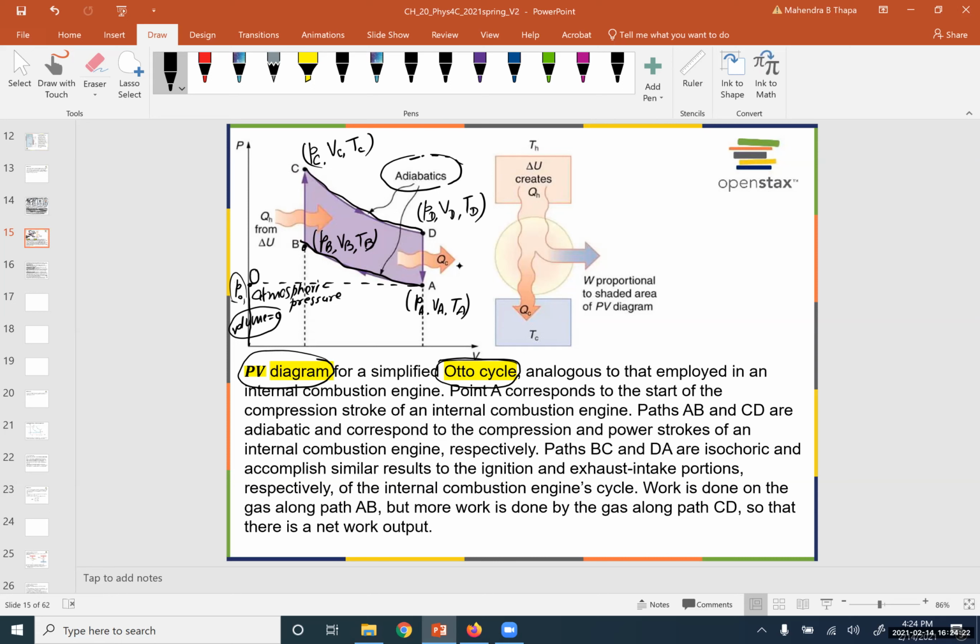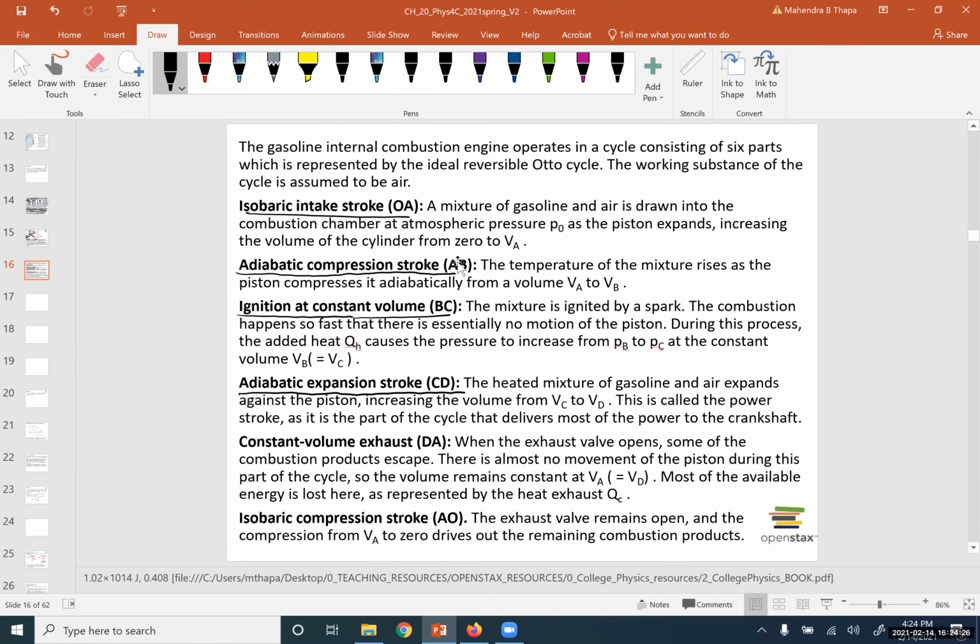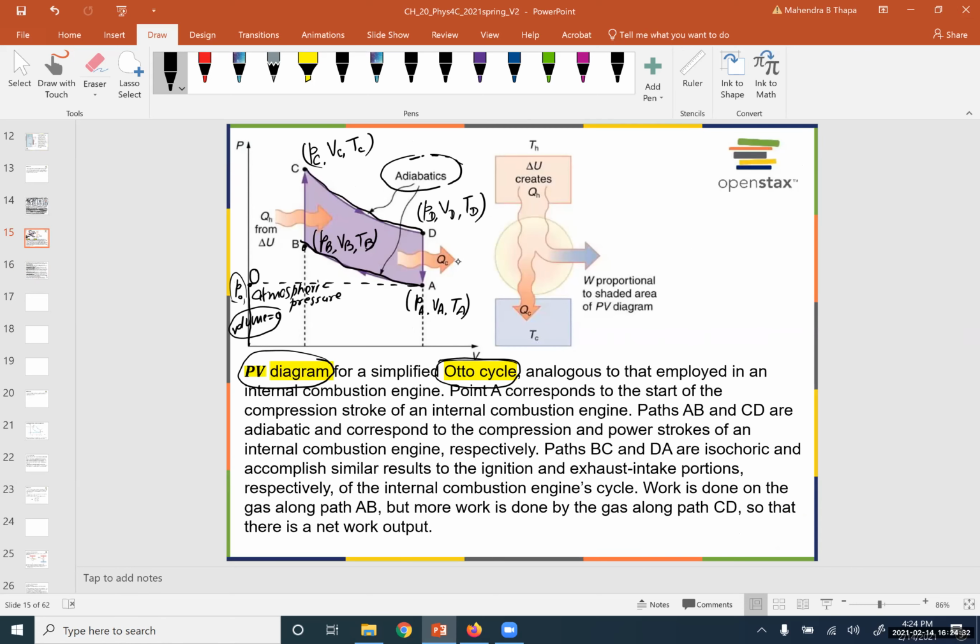expansion. Finally you see D to A is called the constant volume process. At that time it happens at constant volume. So again it goes from D state to A state. At that time it is going to release heat to the atmosphere or the sink.